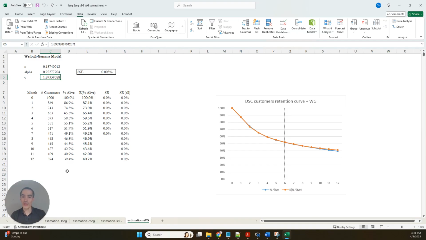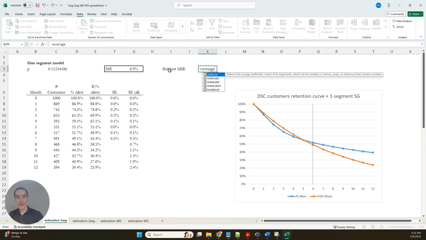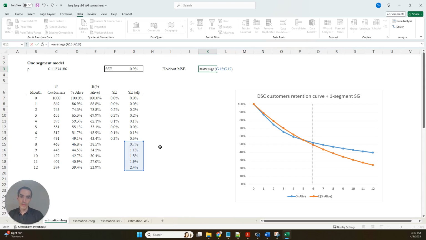Now, the question is, how good of a job did these models do? And one way that we can measure that is through what's called the holdout mean squared error. And what this is going to do is it's going to basically get the average error over the holdout period. So again, in the calibration period, in the training data, more parametrically complex models are naturally going to perform better, but they could overfit.